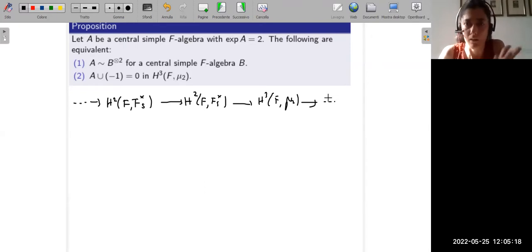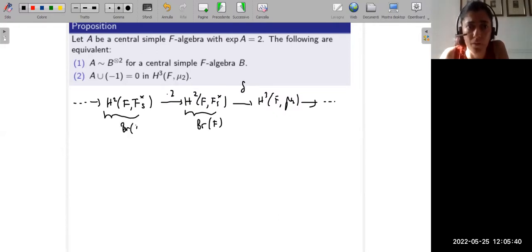I'm sure that everybody here is familiar with this. This we obtain via the squaring map, so this is indeed taking the 2 power, and this is the connecting map delta. These are for me the Brauer group. And so this is a very well known exact sequence.